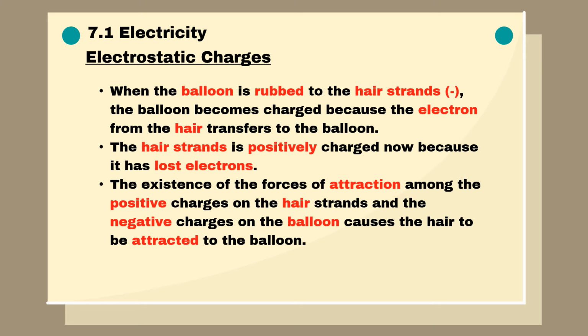The existence of the forces of attraction between the positive charge on the hair strands and the negative charges on the balloon causes the hair to be attracted to the balloon.